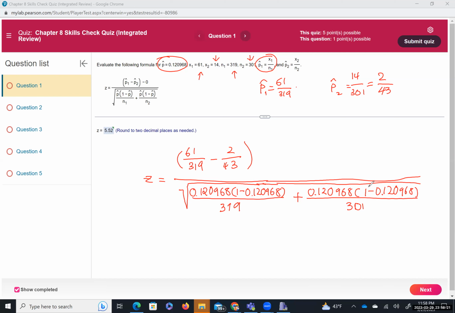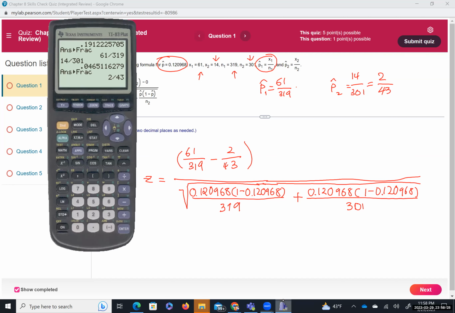So we can simplify the top, right, by using, say, 61 divided by 319 minus 2 divided by 43, and then make it a fraction.